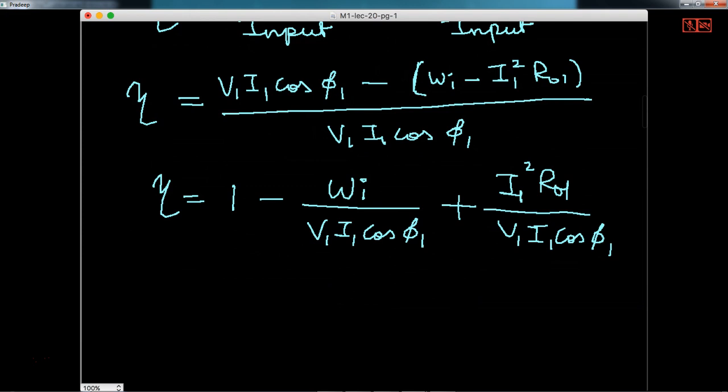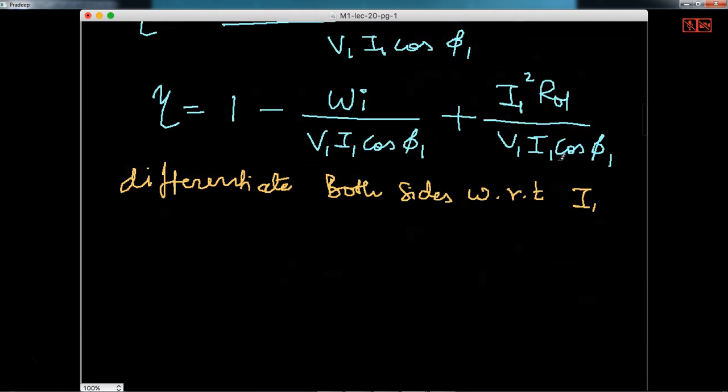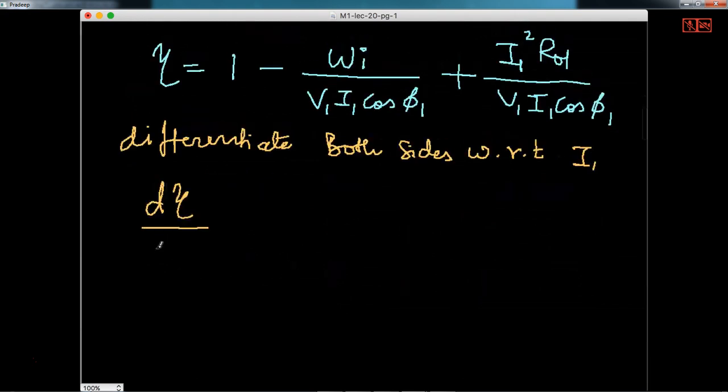Now if I differentiate both sides with respect to I1, what will I get? I'll get the differentiation of efficiency with respect to I1 will be, so differentiation of 1 is 0, and here I1 is in the denominator.